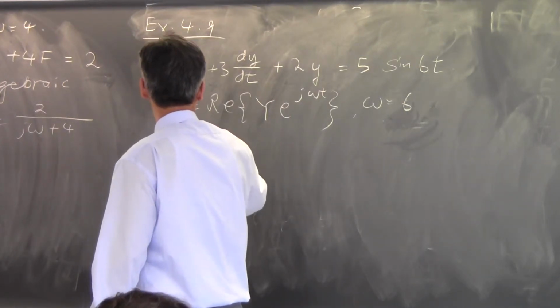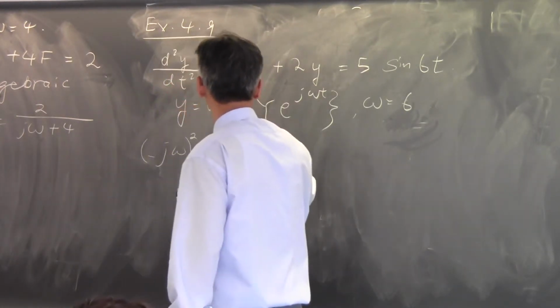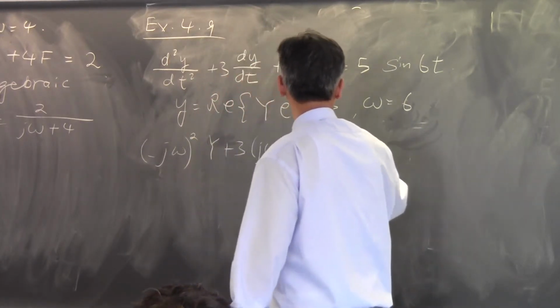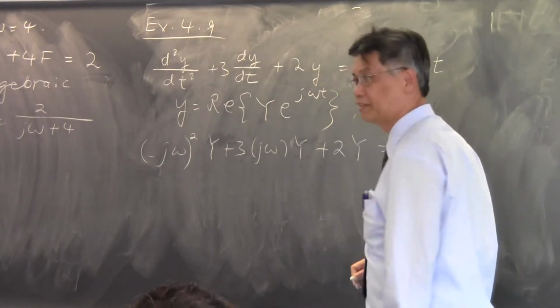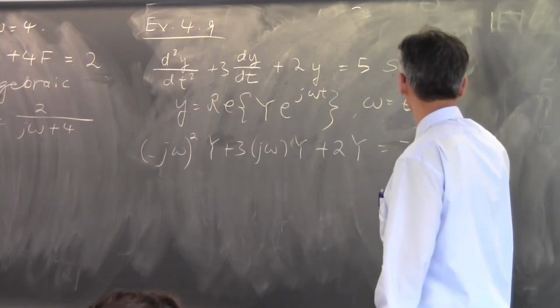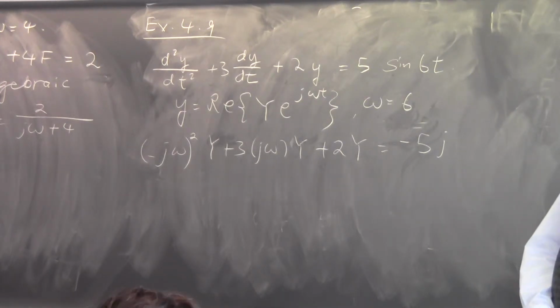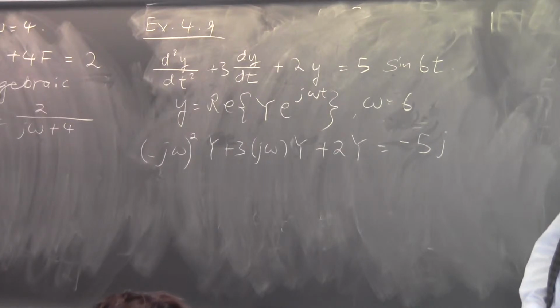Times that phasor plus 3 times the first derivative, which is j omega times that phasor, plus 2 times that phasor. And then write the phasor form on the right hand side, which is minus 5j. So this is the phasor form of the second order ODE. It becomes algebraic. You can solve for your y.